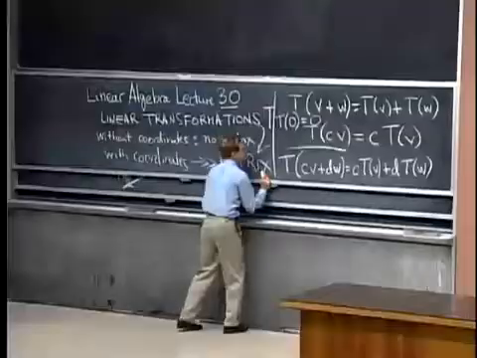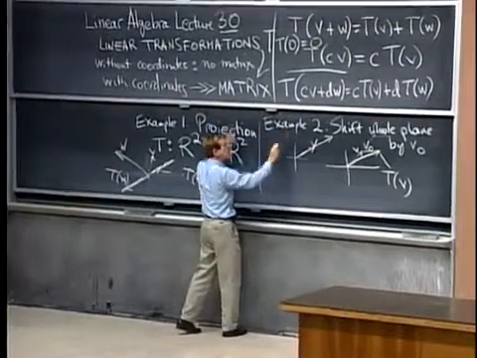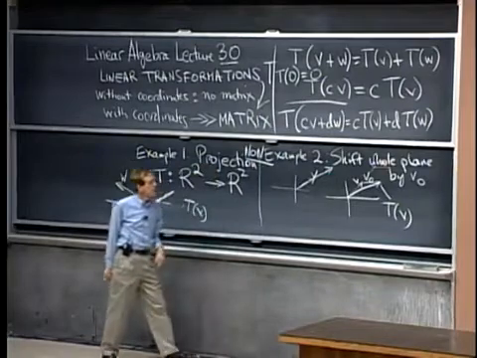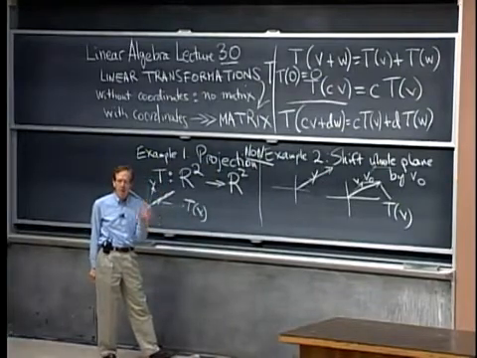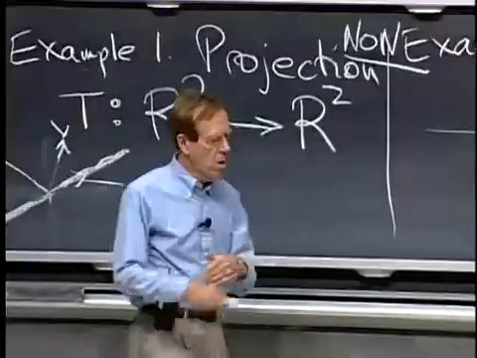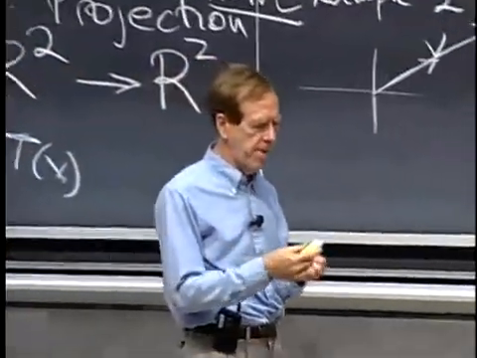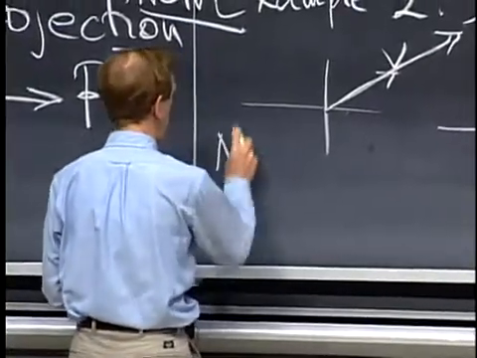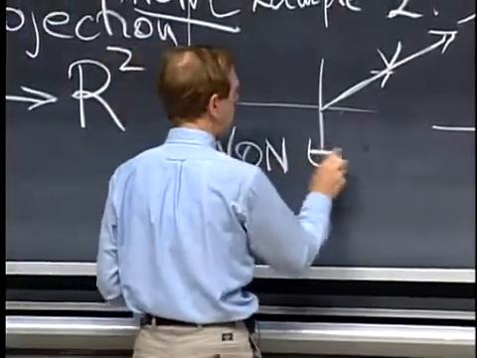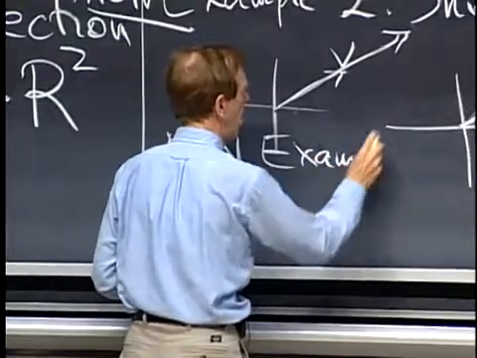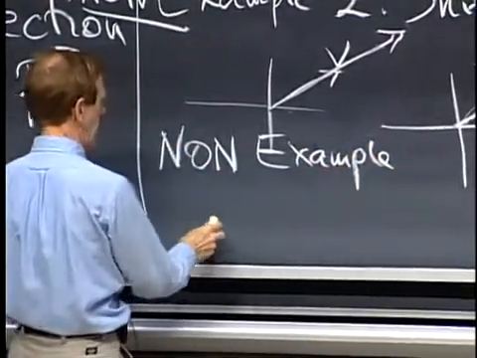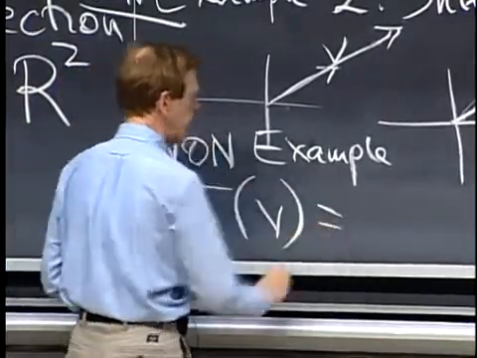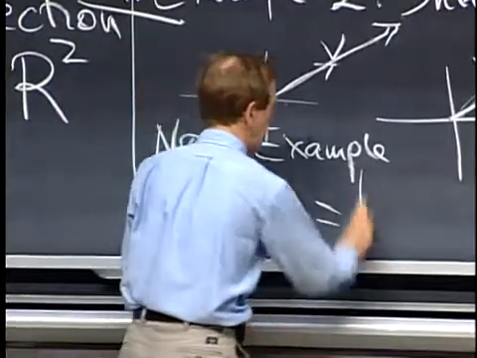Okay, so this example is really a non-example. Shifting the whole plane is not a linear transformation. Or if I cooked up some formula that involved squaring, or the transformation that, also non-example, how about the transformation that takes any vector and produces its length?